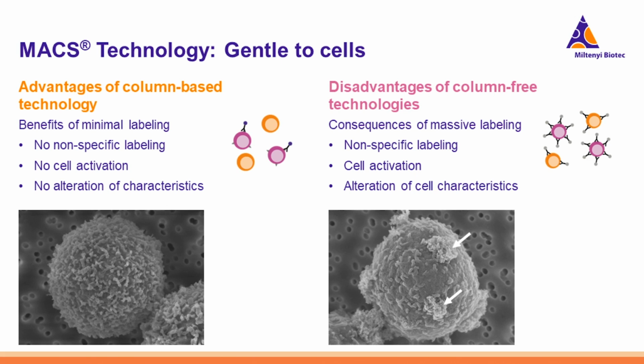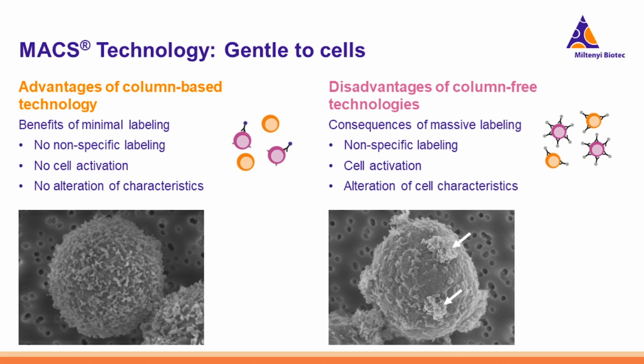In these scanning electron microscopic images, you can see the proof that our column-based MAX technology is gentle to cells. Here, on the left side, there is no visible labeling on the cell surface after cell isolation with MAX microbeads and MAX columns. However, here on the right side, cells were isolated by a column-free technology from another manufacturer.